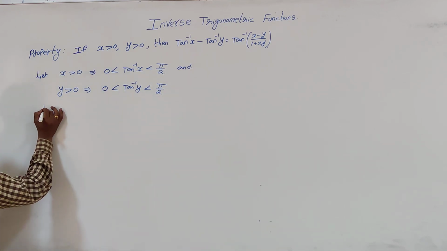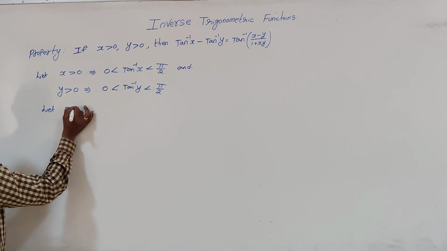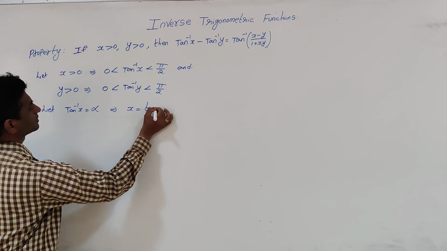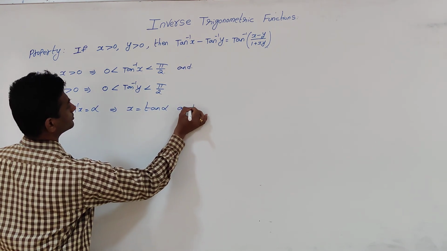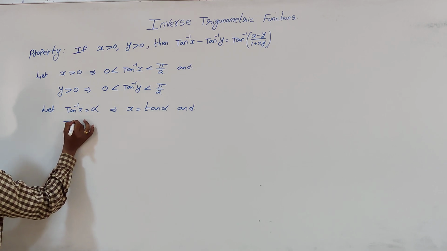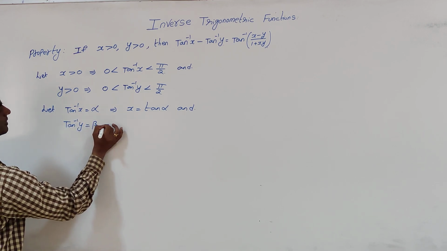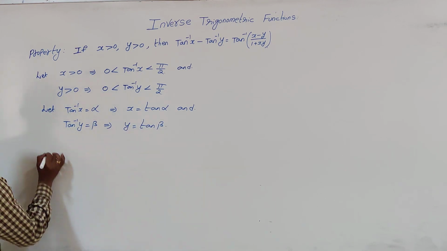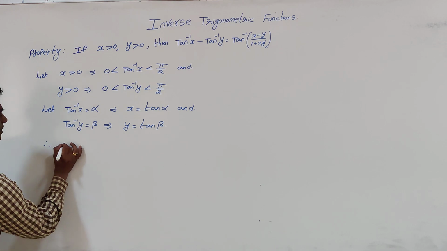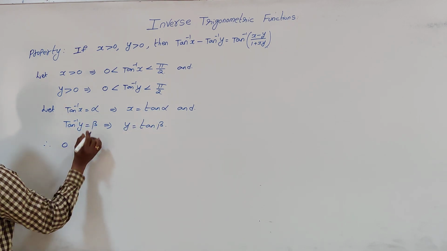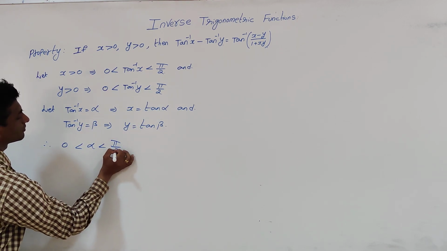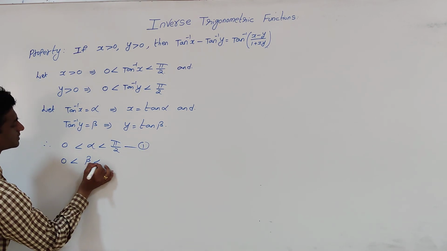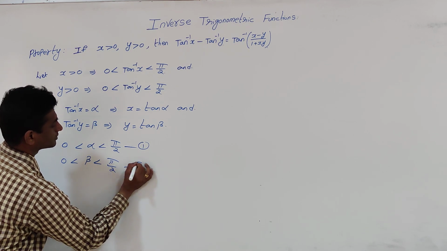So let tan inverse of x be alpha, which implies x is equal to tan alpha, and tan inverse of y is equal to beta, which implies y is equal to tan beta. So therefore 0 is less than tan inverse of x, which is alpha, less than pi by 2, and 0 is less than beta less than pi by 2, which is second.